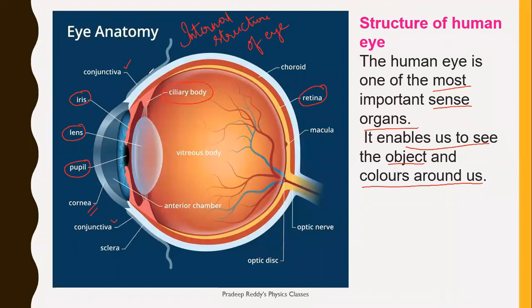Of course here also this is conjunctiva, and internal this white part is sclera, and in between pupil and cornea there is another chamber called anterior chamber.